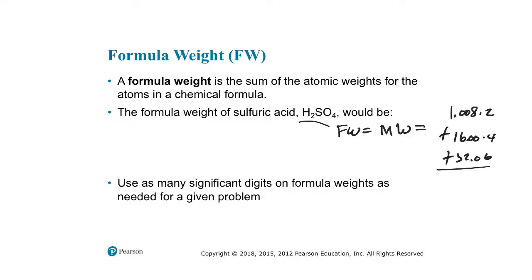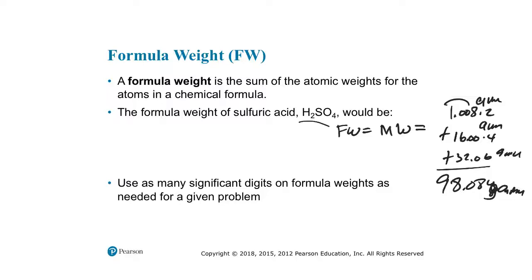So the significant digits we should be using here, I like to use at least 4 sig figs on my atomic weights. That's usually enough for most of the problems I'm going to see. So if I work this out for the molecule, it's 98.08 AMU. We're tracking these units on the periodic table in the atomic mass unit scale.